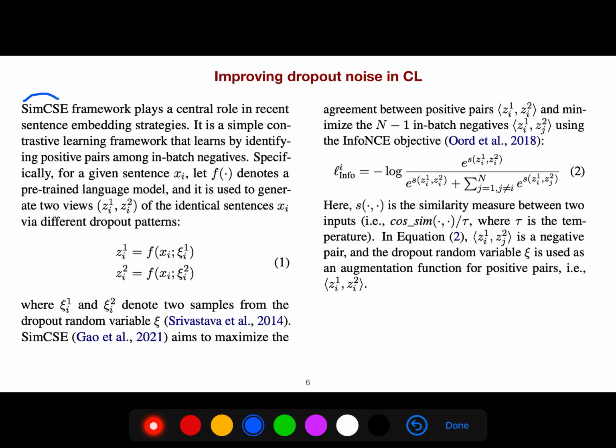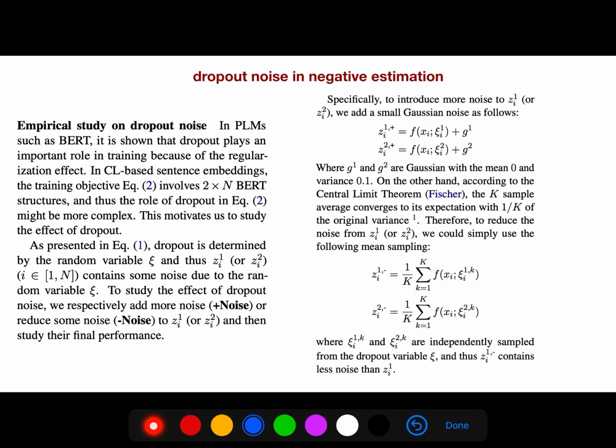Specifically, for a given sentence x sub i, let F denote the pre-trained language model, and it is used to generate two views. So we have created two views here of identical sentences. So we give one sentence, and it gives us two views. And then we use this InfoNCE objective that you are very familiar with.